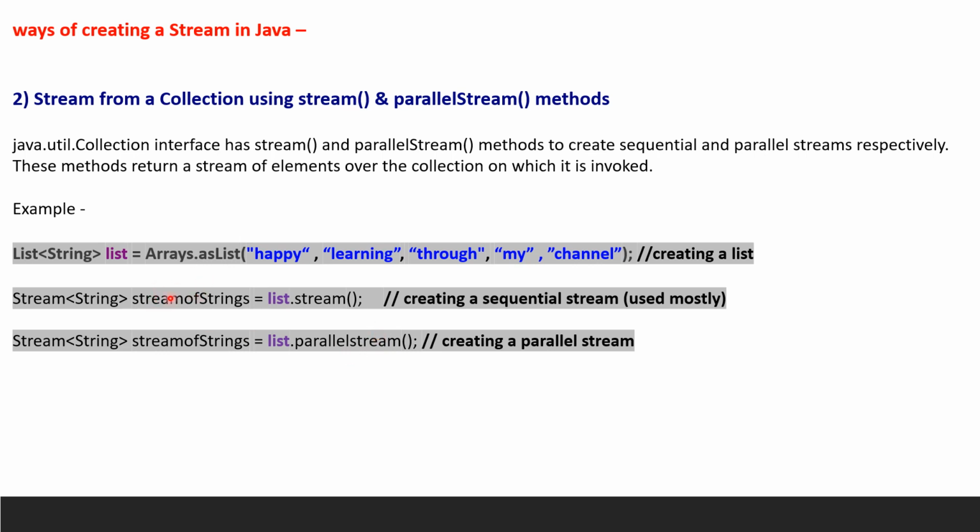On the same list we can create the parallel stream also. Generally this is used whenever we have a large amount of data. So this is the way to create a sequential stream and a parallel stream. First we have a list, and on that list we can have either a sequential or a parallel stream. Hope this is understood. Going to the next one.